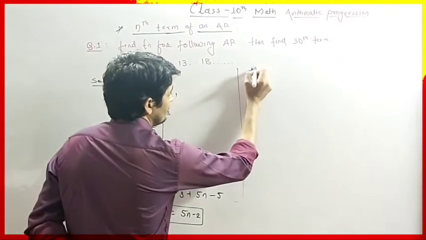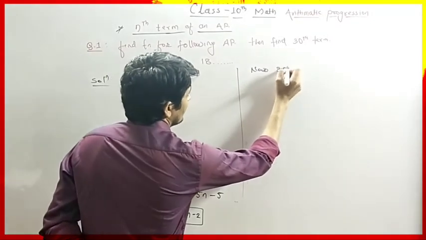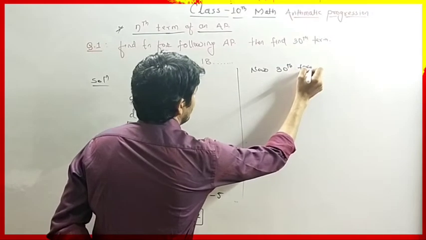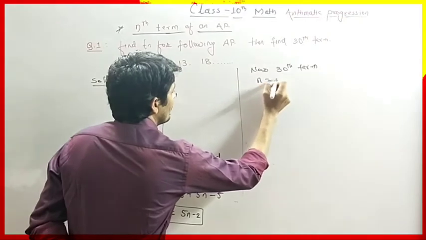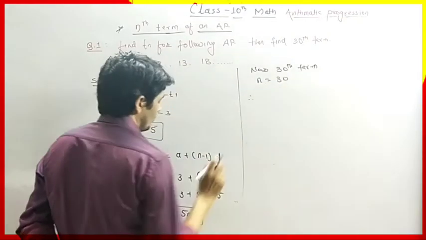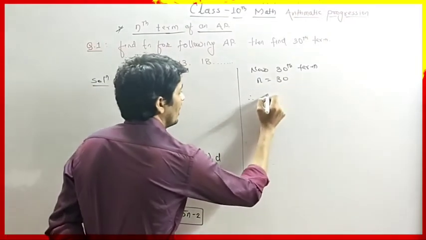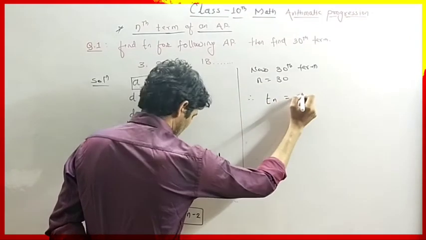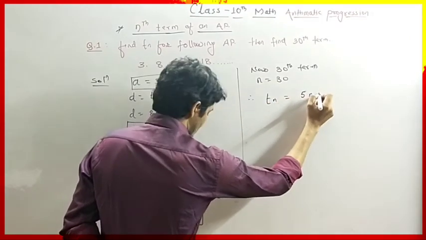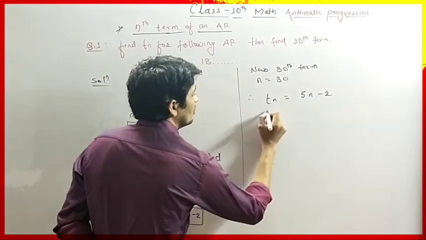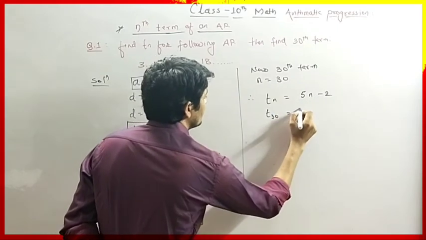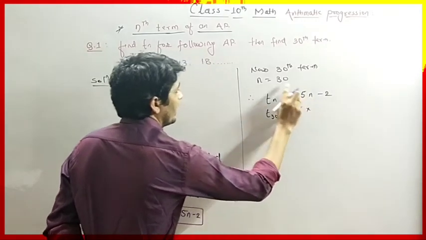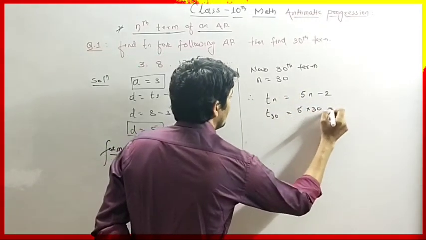For the 30th term, n equals 30. Therefore we have the formula Tn equals 5n minus 2. So for n equal to 30, we write T30 equals 5 into 30 minus 2.